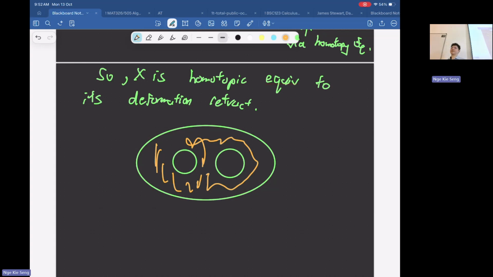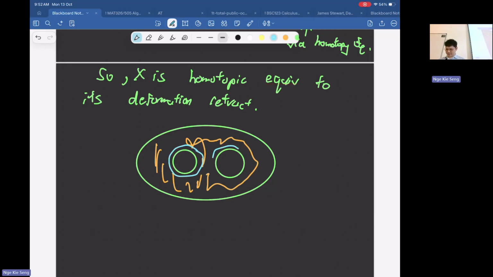Jason, want to try or not? Some subspace that it can retract to. Boundary? So how does the boundary look like?